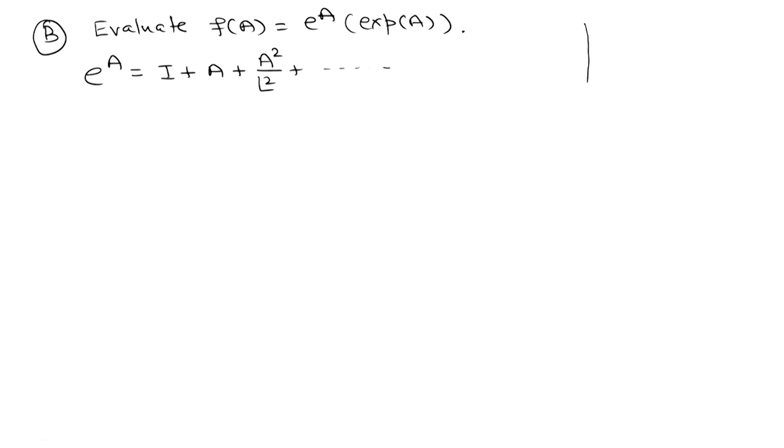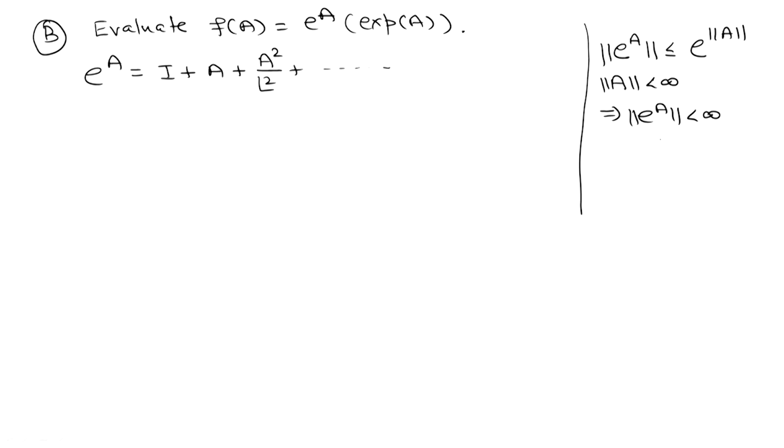If I talk about convergence, I can bound the norm of e raised to power A by e raised to power norm of A, and since A is a matrix of order n by n, the norm of A will be finite. This gives me that e raised to power A is less than infinity, and hence the series is convergent, in fact uniformly convergent.